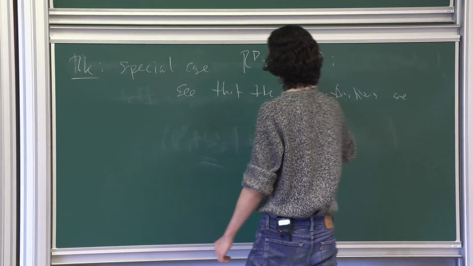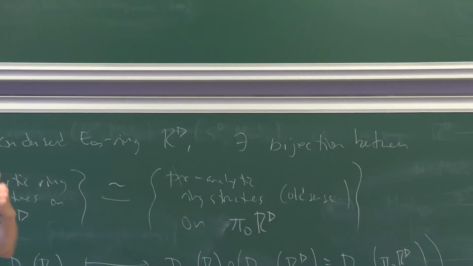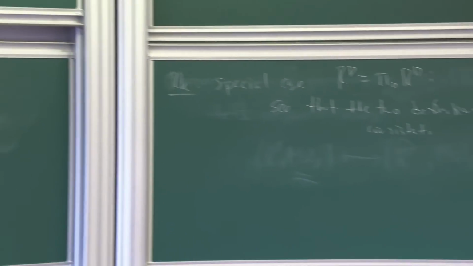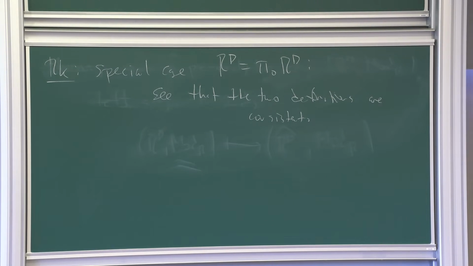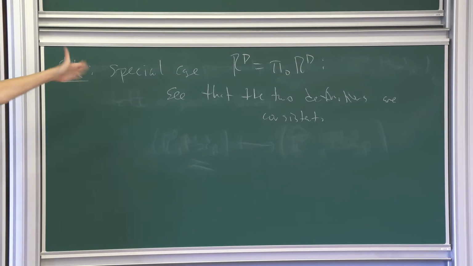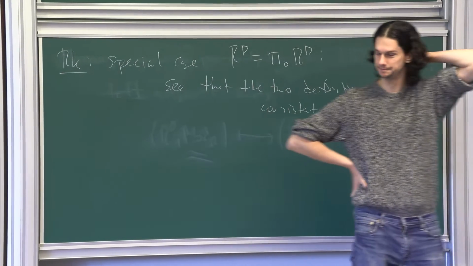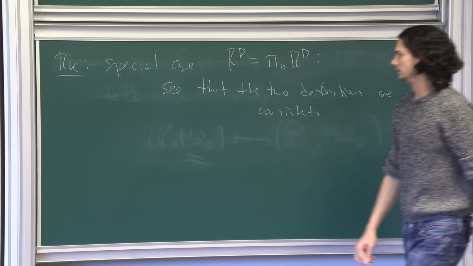Meaning, in the case where the notion of rings overlaps, namely where your derived ring is just concentrated in degree 0, so it is a classical ring, the derived definition of an analytic ring structure or a pre-analytic ring structure matches up with the naive definition we gave on the level of abelian categories. So that's the first remark.